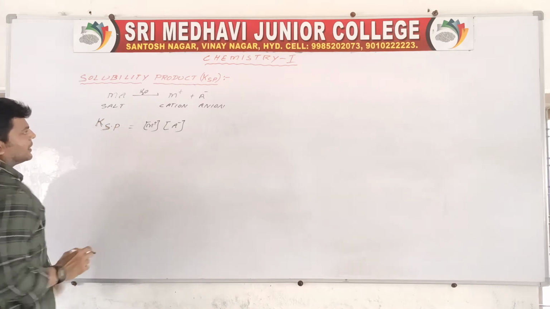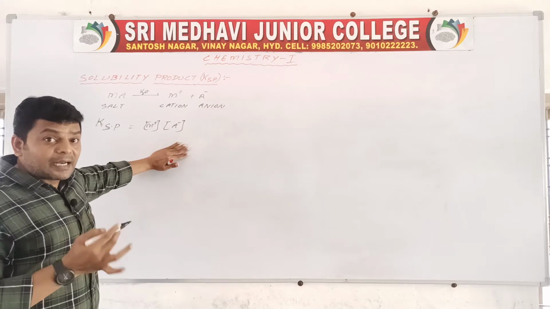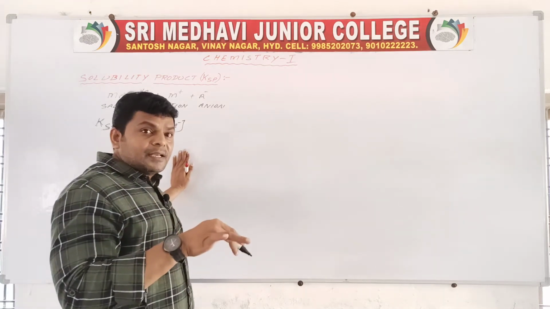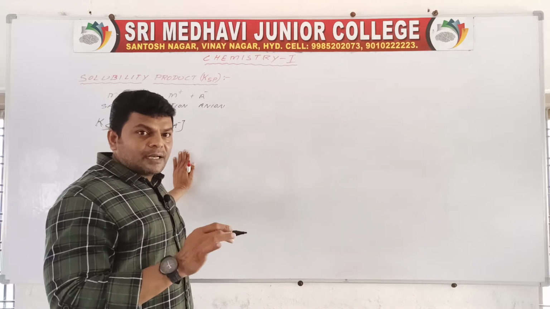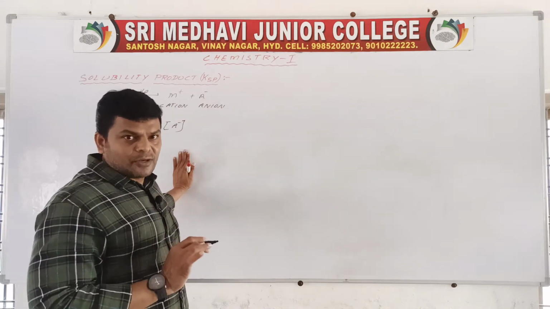KSP is equal to the product of cation and anion in a saturated solution of a salt in water.